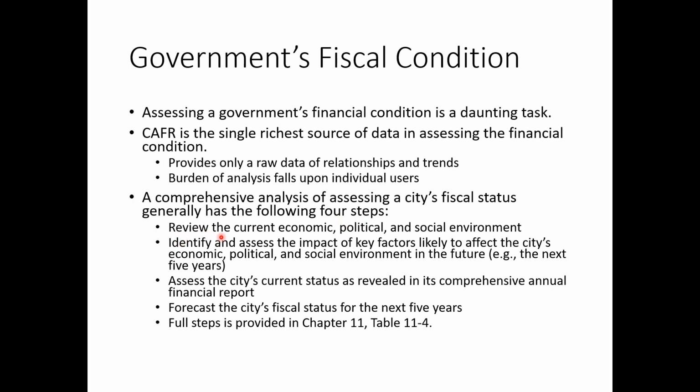First, we're going to review the current economic, political, and social environment. For example, we need to understand the jurisdiction, its current demographic information, economic conditions, and political climate, for example, the structure of government, the competition, and social environment.